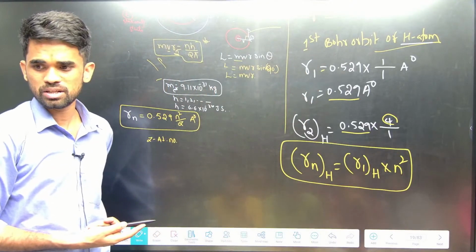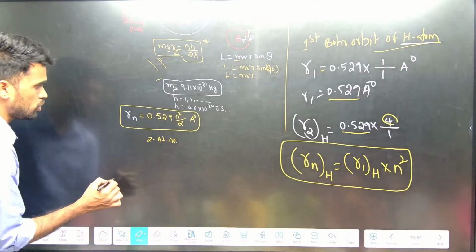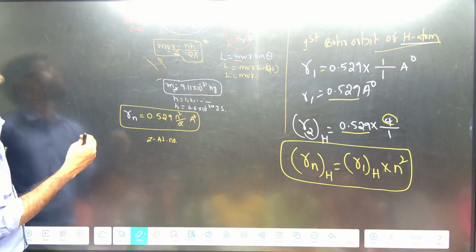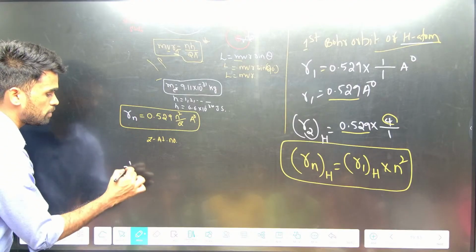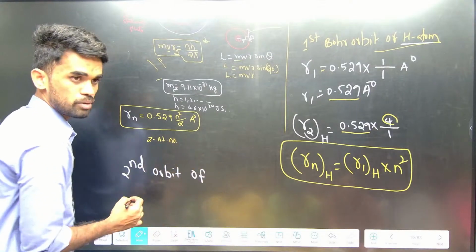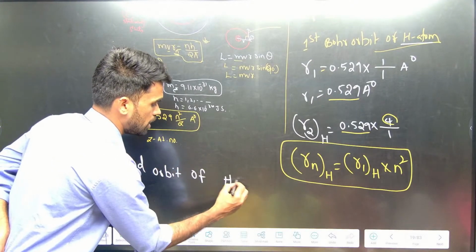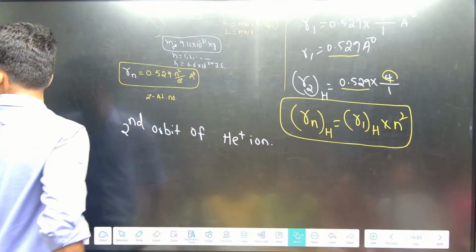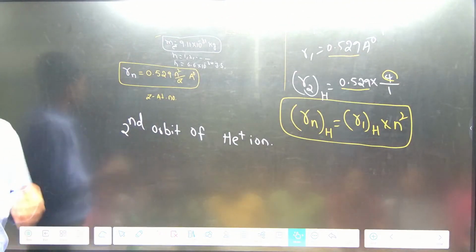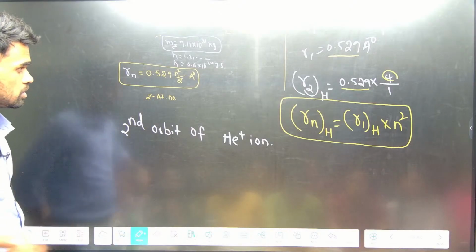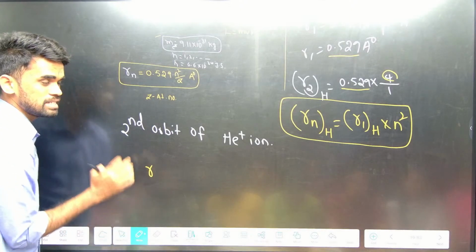One small relation. The next one: what is the radius of the second orbit of the helium ion? It's very simple.